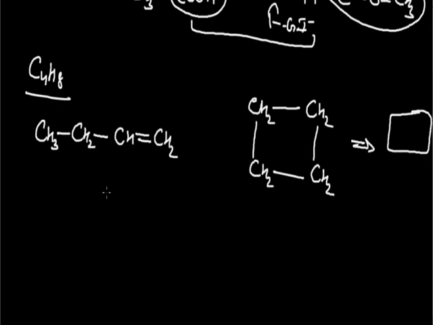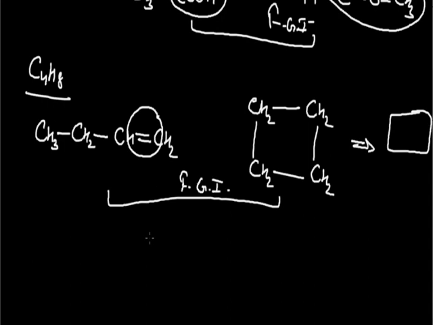These two structures have the same molecular formula, C4H8, but the difference is in the functional group. In the first structure, the functional group is the multiple bond of an alkene, while in the second structure, the functional group is the cycloalkane. Since these two structures have different functional groups, they can be termed functional group isomers.